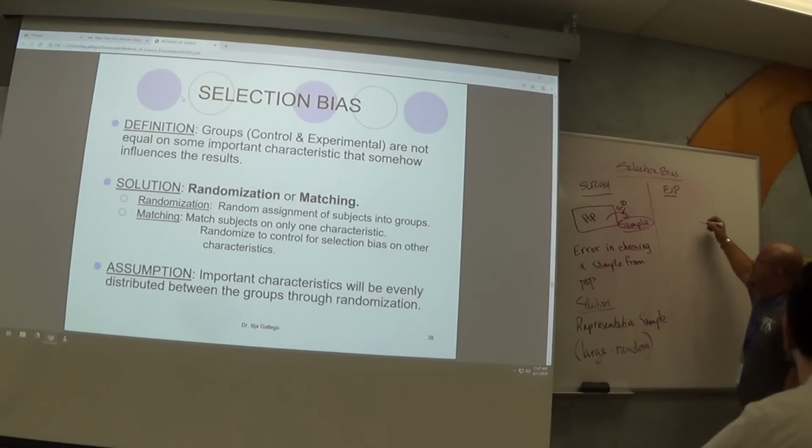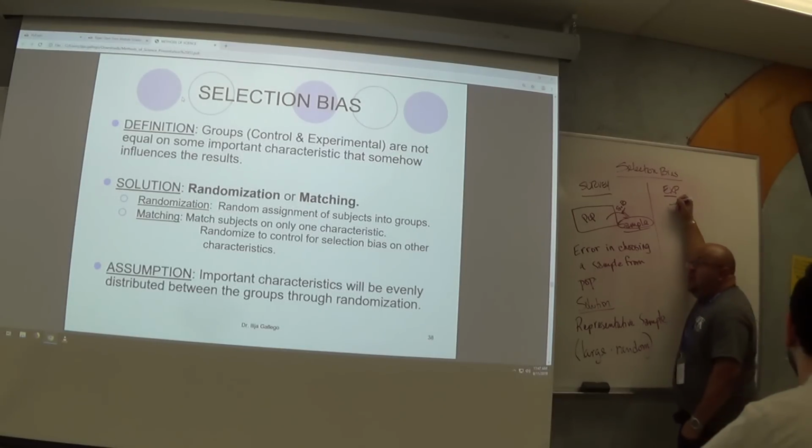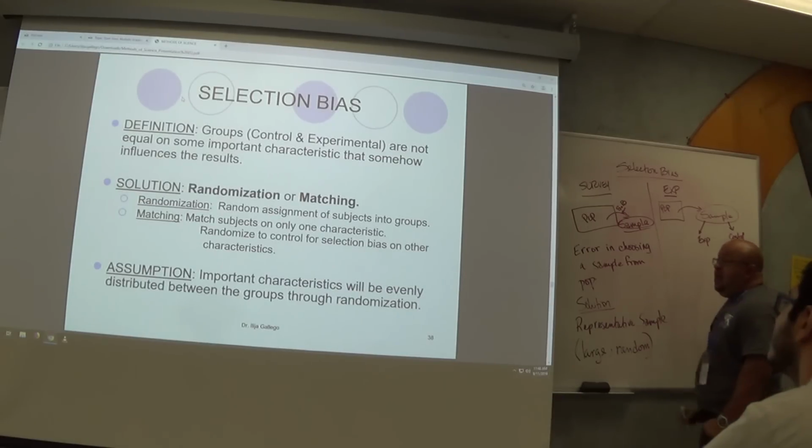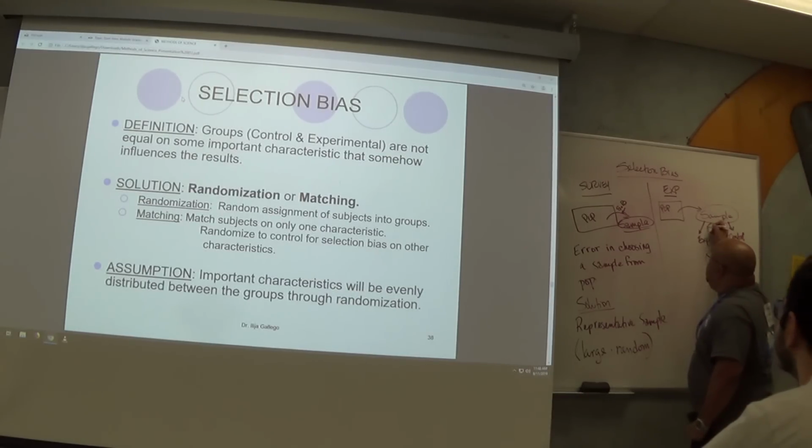Now what we're going to talk about is an experiment. And what does selection bias mean here? Okay, well, experiments are interested in an entire population, and they're going to work on a sample, just like every other study. However, then we're going to break that sample into two groups, right? The experimental group and the control group. Maybe more, but at least one of each of those. And this is where selection bias can happen.